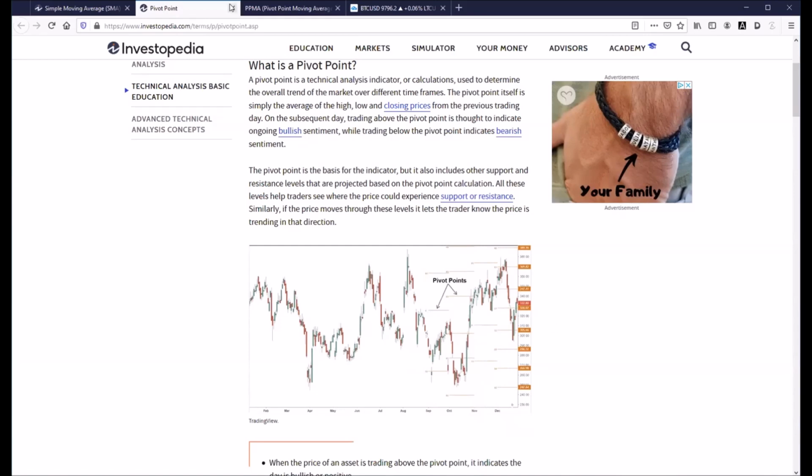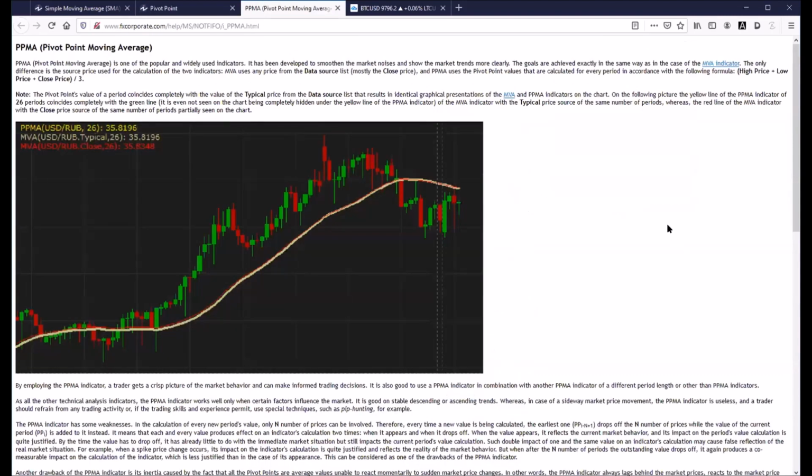Now, keeping with that concept, a pivot point moving average does nearly the same thing a moving average does. But instead of just using the closing price, a pivot point moving average takes the high price, the low price, and the closing price for a given candle and divides it by 3. That's the one data point out of however many periods you have in your moving average calculation.